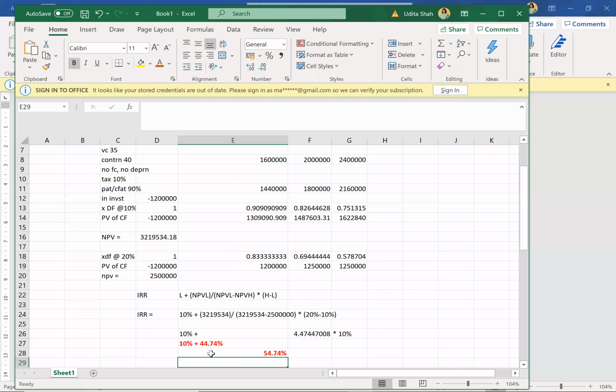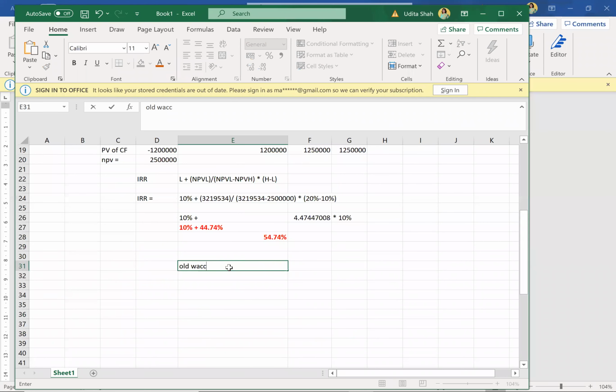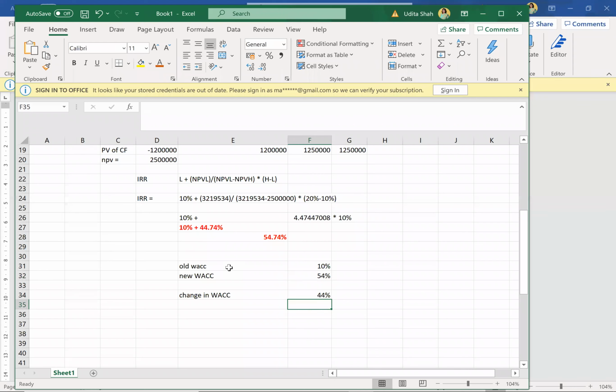Okay. So what was the old WACC? Old WACC was 10%. Okay. New WACC was 54%. What is the change in WACC? Change in WACC is 44%, right?